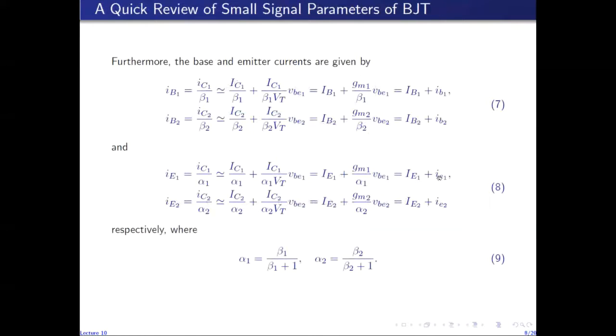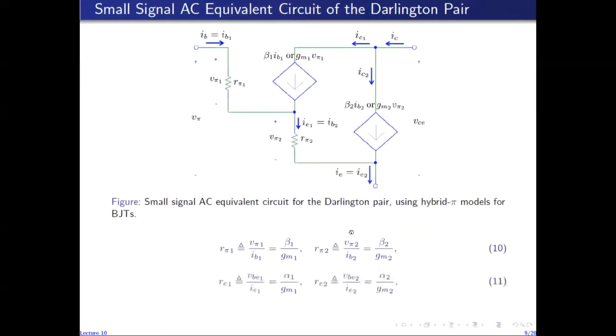Similarly, since the small signal emitter current is equal to this factor, VBE over IE is equal to alpha over GM. So we define VBE over IE as small re and it becomes alpha over GM. We use small re, which is the resistance between base and emitter looking into the emitter. We make use of small re when we use the T model for the device.